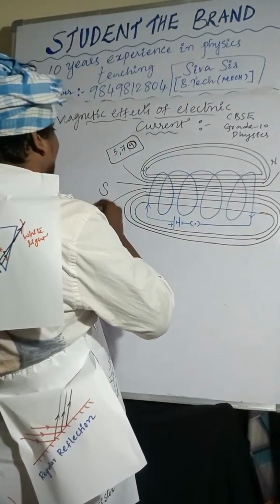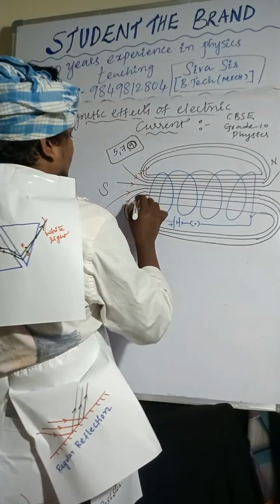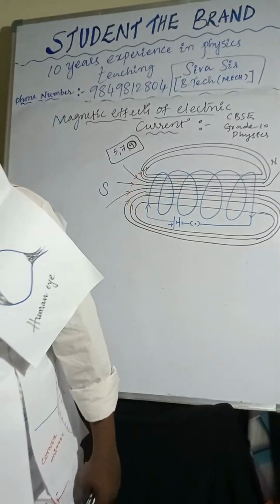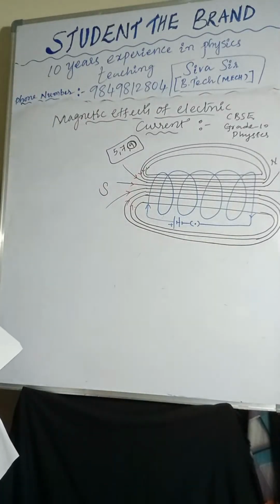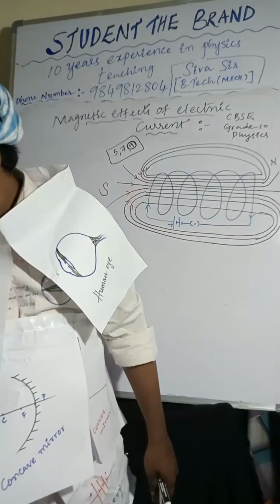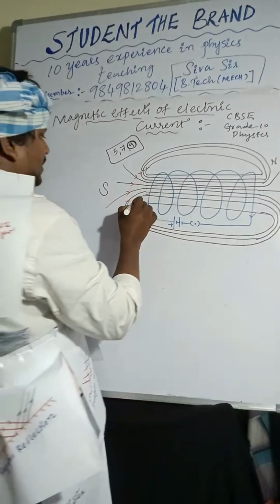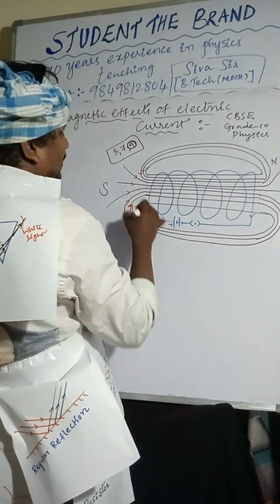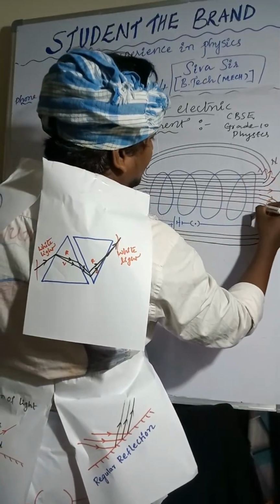Here I'm taking the direction towards south, along this direction. Outside, away from the magnet, away from the field, like this I'm considering.